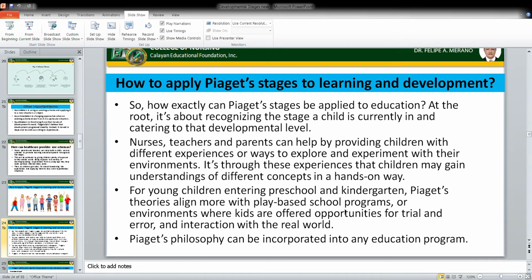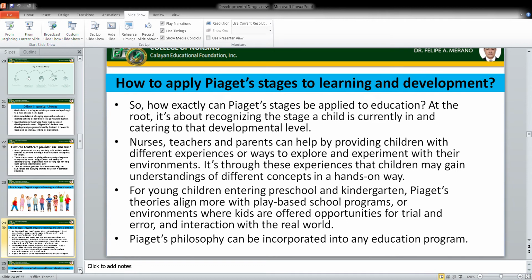For young children entering preschool or kindergarten, Piaget's theories align more with play-based school programs or environments where kids are given open opportunities for trial and error and interaction with the real world. Piaget's philosophy can be incorporated into any educational program.